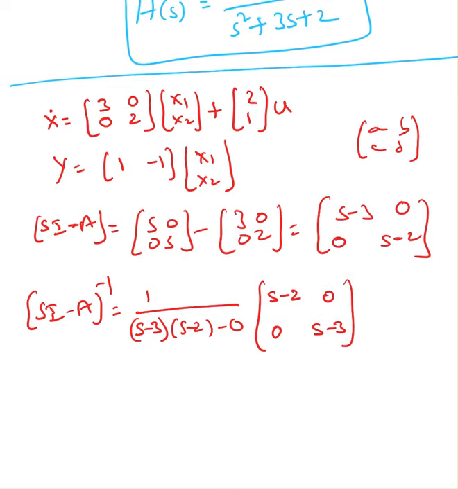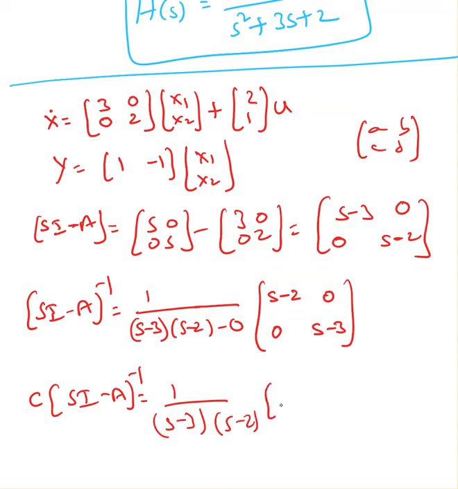Now I'm going to multiply this with C. C times (sI minus A) inverse equals 1 over (s minus 3)(s minus 2), with C as [1, minus 1], times [s minus 2, 0; 0, s minus 3].